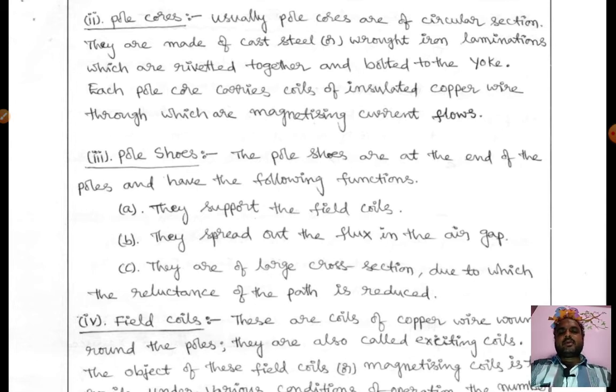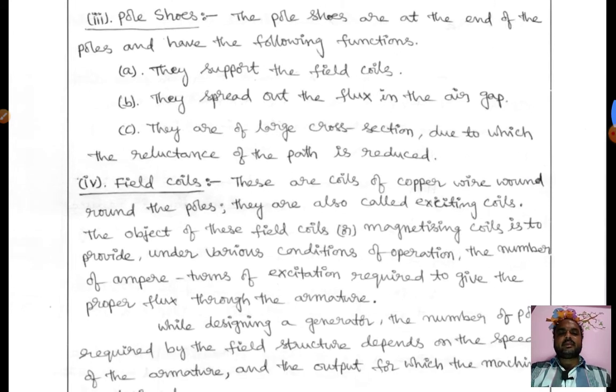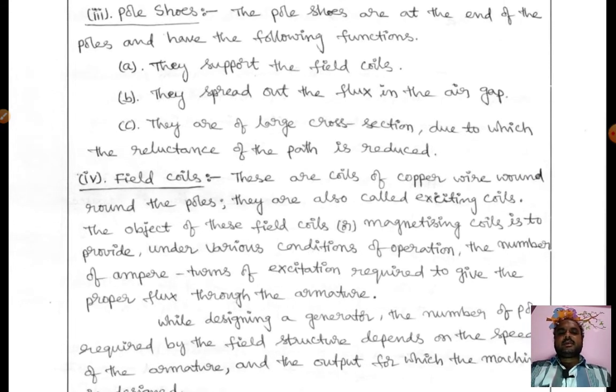Each pole core carries a coil of insulated copper wire through which the magnetizing current flows. Next, pole shoes. Pole shoes serve three functions. They support the field coils and spread out the flux in the air gap. They are of large cross section, due to which the reluctance of the path is reduced.